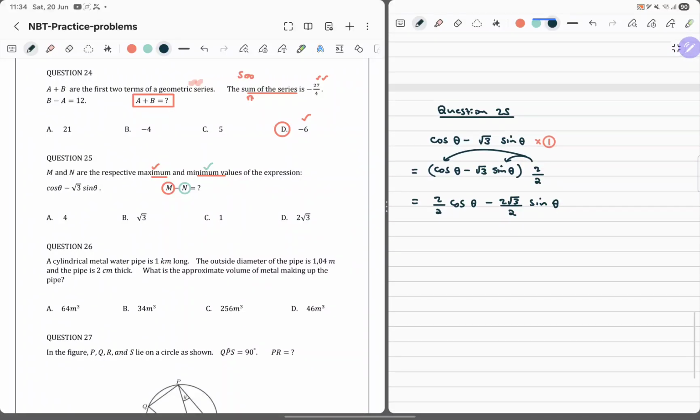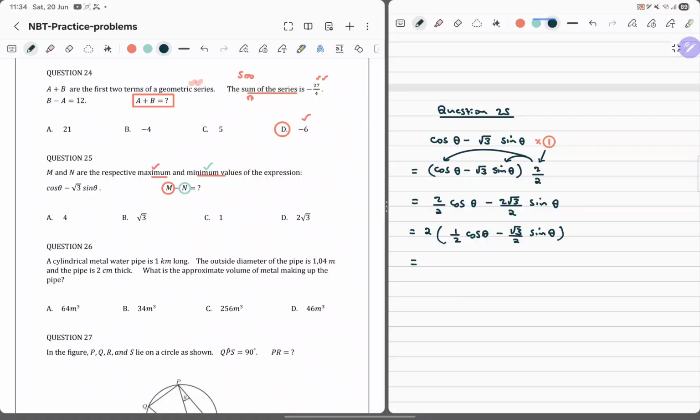Okay, so that's cool. Now, this is what we were doing there. We're multiplying by that special one. Now we can see that we can actually factor out a 2 here. It's a common factor. So 2 out leaves us 1 over 2 cos theta minus root 3 over 2 sine theta.